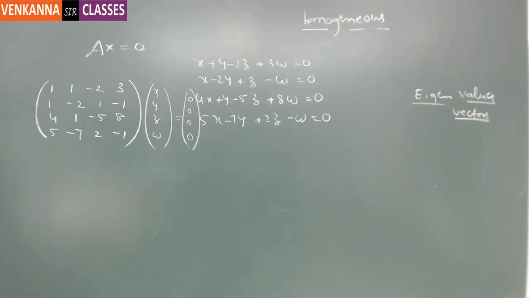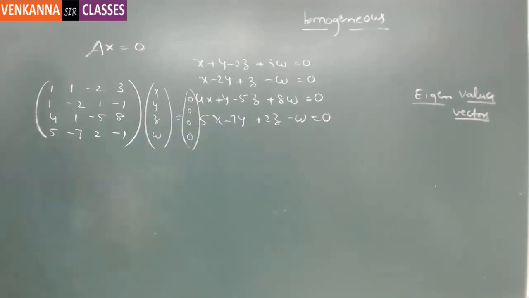Since you know how to apply the row operations, I will simply apply them and write the final matrix. Is it agreeable to you? Or if you want me to write step by step, I will do that.